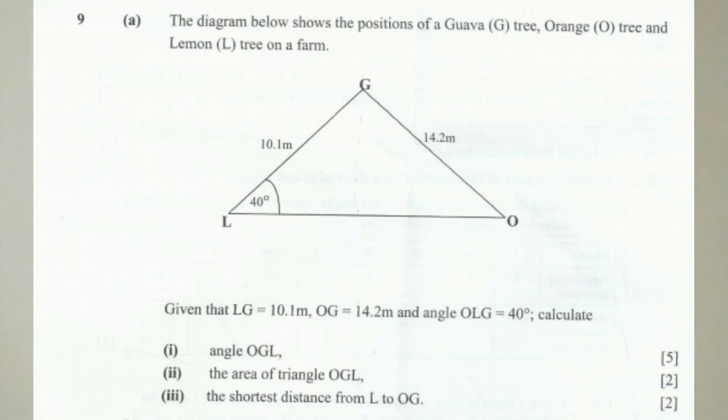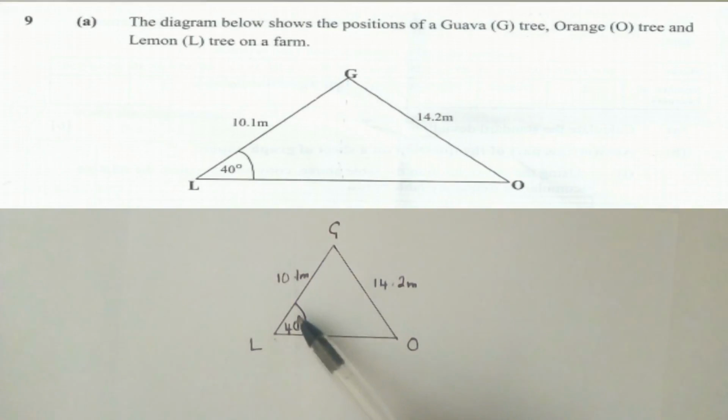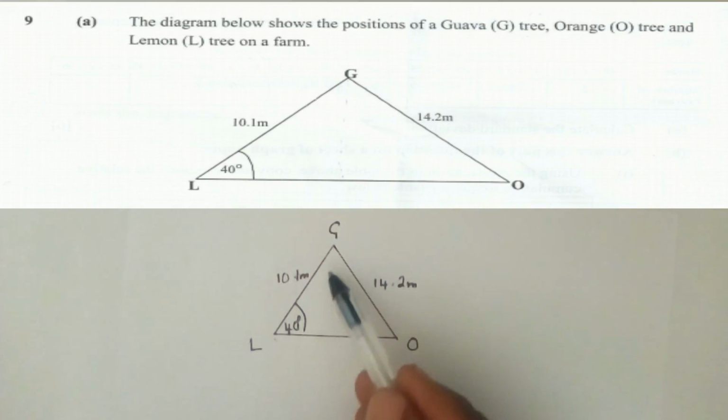And then they tell us that given that LG is 10.1 meters, OG is 14.2 meters, and the angle OLG is 40 degrees. Calculate angle OGL. So we have been asked to calculate this angle.